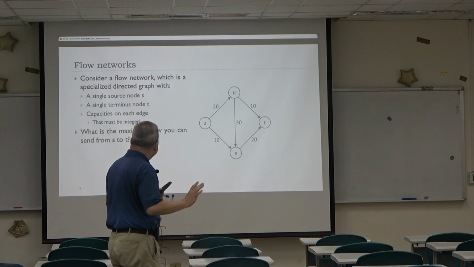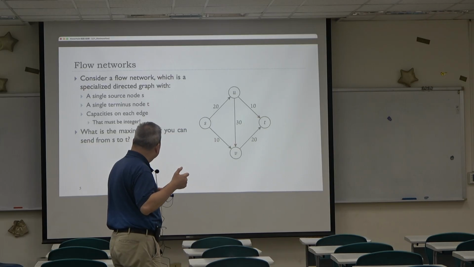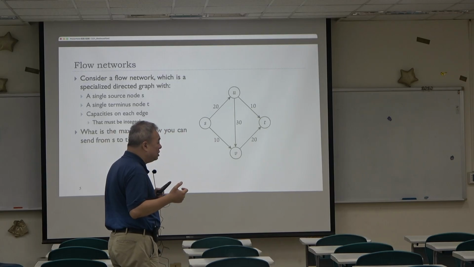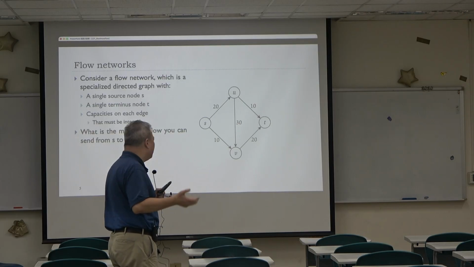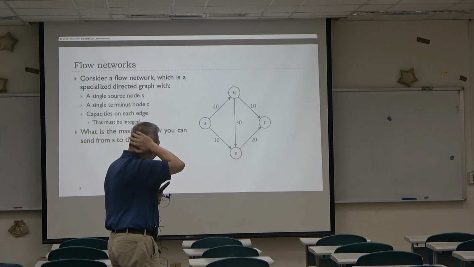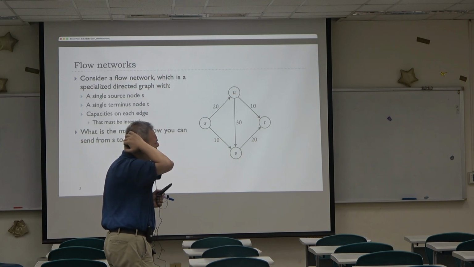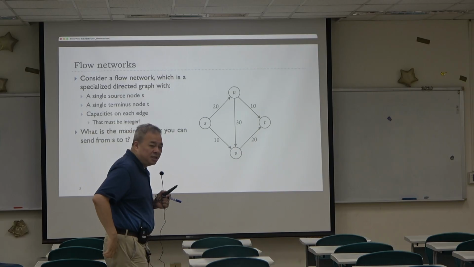Of course, I try to use water to explain this, but it could be applied to many different fields. It's not just for water. It could be used for networks, it could be used for traffic.